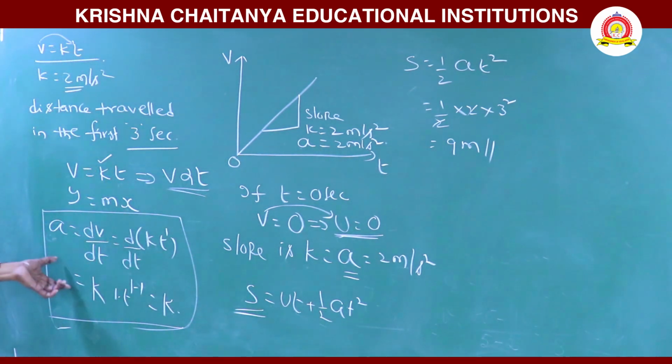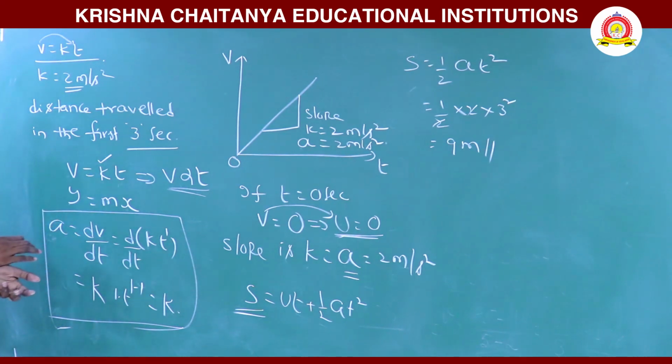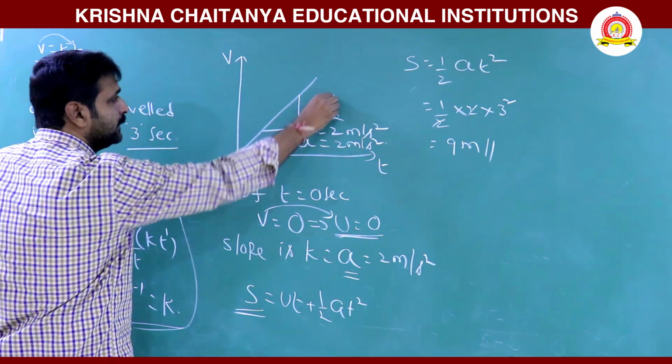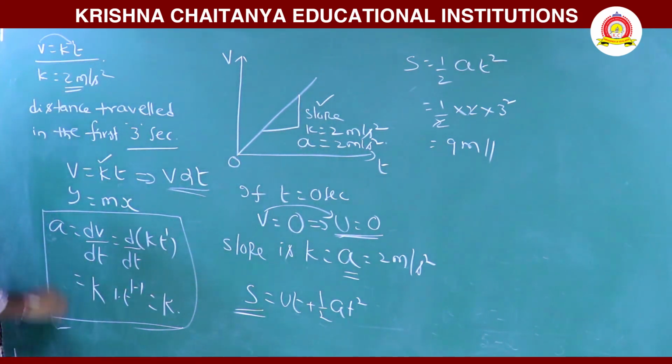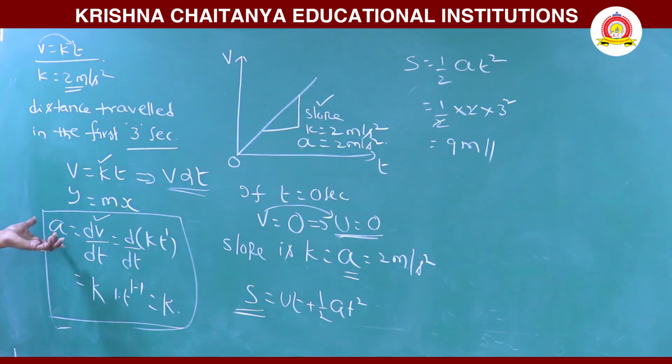So acceleration can be obtained either from differentiation or from graphs. But as we discussed earlier, whatever slope we are getting in graphs is nothing but differentiation. This is dv by dt, that is dy by dx for an xy graph. Okay.